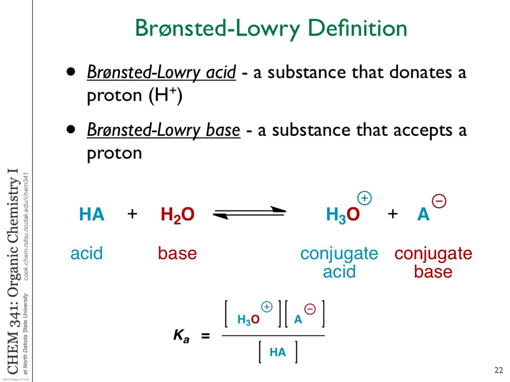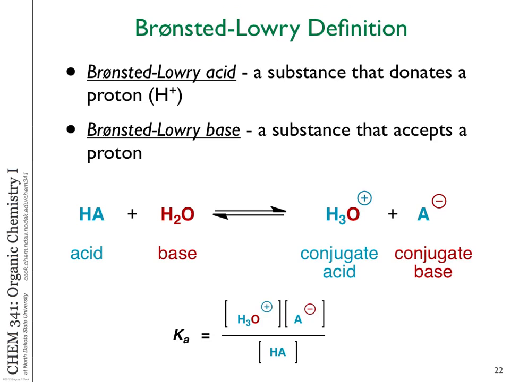So if we really represent that equilibrium with a proper equation, HA plus H2O gives H3O plus and the A minus, right? And the Ka reflects that hydronium ion concentration times the anion concentration over HA. Okay, products over reactants.